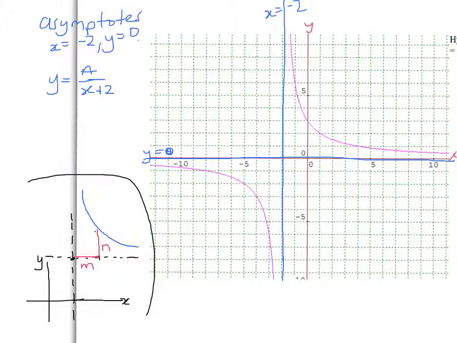If we multiply those two numbers, we will find what a is. So from our new asymptote here, the blue lines, I go along 3 and up 2. 3 and 2, so 3 times 2 is 6. So a is 6, y equals 6 over x plus 2 is the equation for our hyperbola.